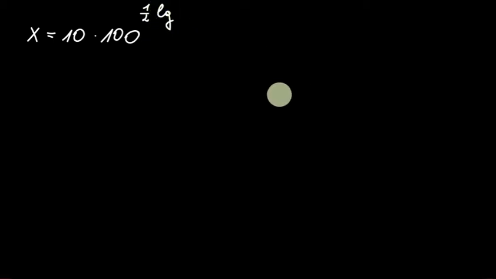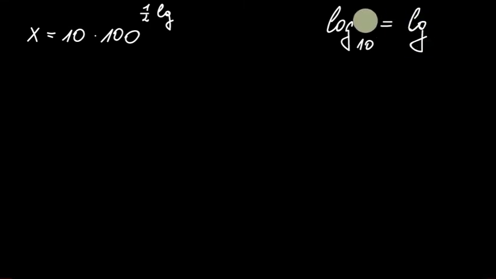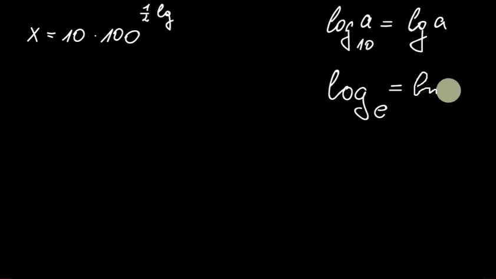Now here's an important part. Logarithm base 10 is written like that. Let's put a number here. So also a natural log that has a base of e is written like that.